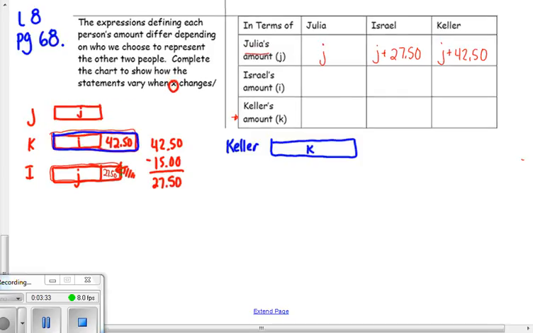Julia's bar is $42.50 less than Keller's bar. So let's make a bar for Julia. It's going to be smaller because it is less. How much less is it? It is $42.50 less than Keller.